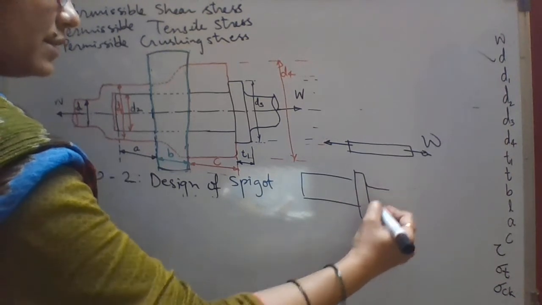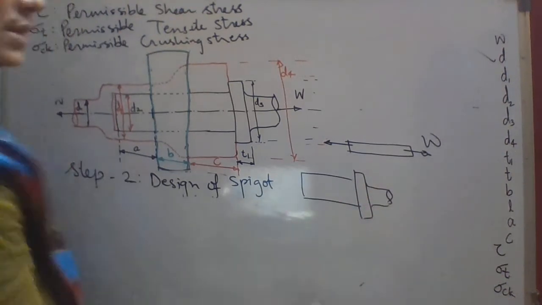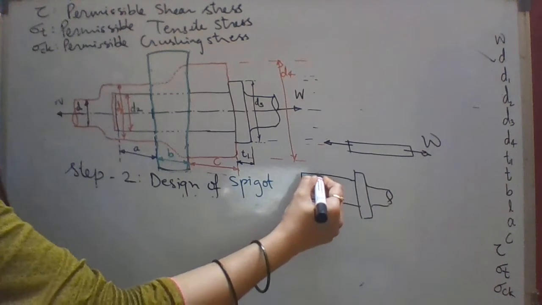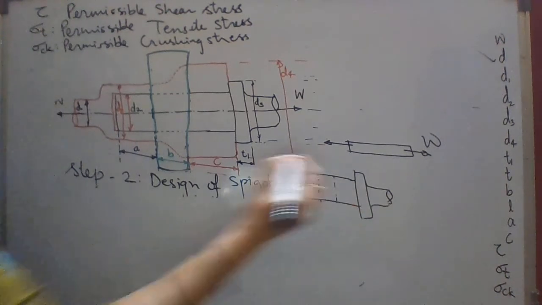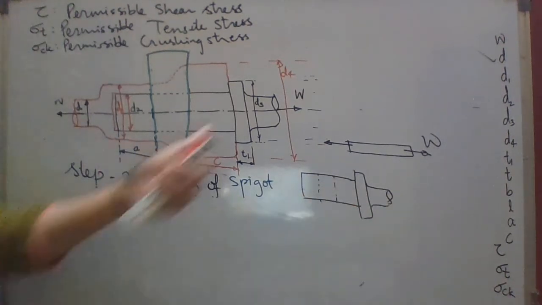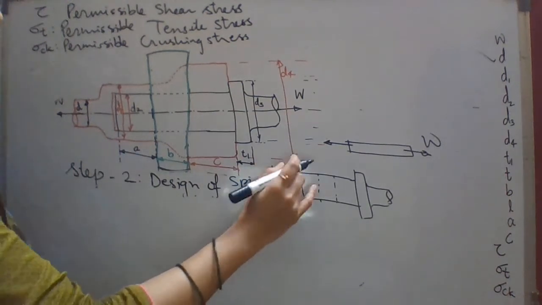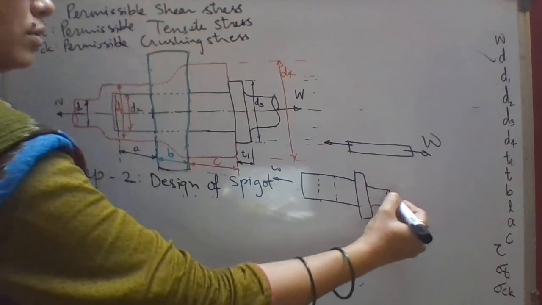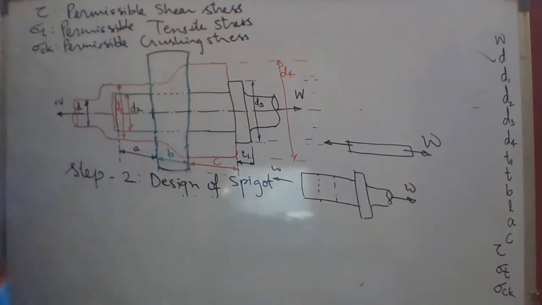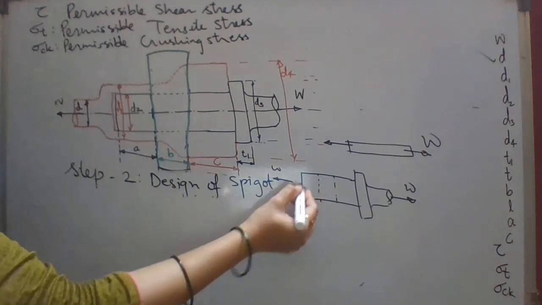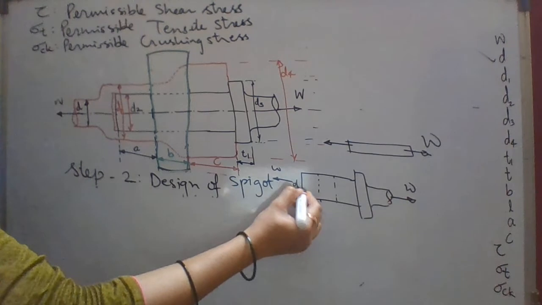Spigot is like this. This is the spigot and cotter slot. Okay, now the load W is the only load which is acting. So spigot is under the tensile loading. This diameter is D2.